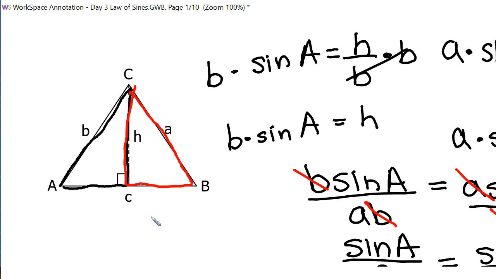You need to memorize it. You probably already have it memorized by now, right? Sine of A over side A is equal to sine of B over side B, which is equal to sine of C over side C. So all three of those proportions or ratios are equal.